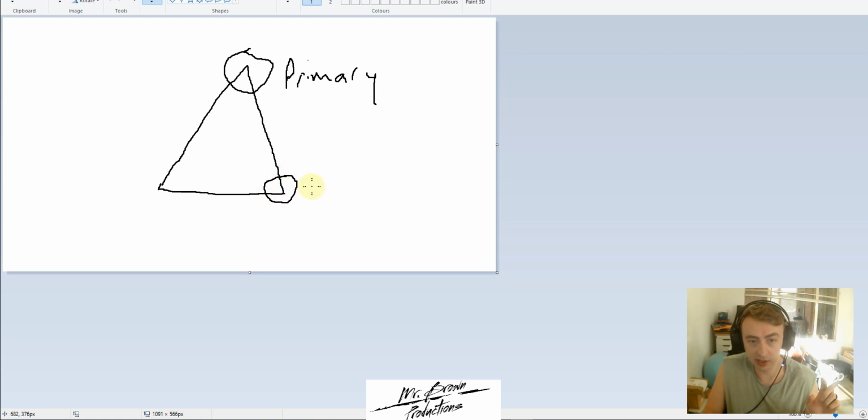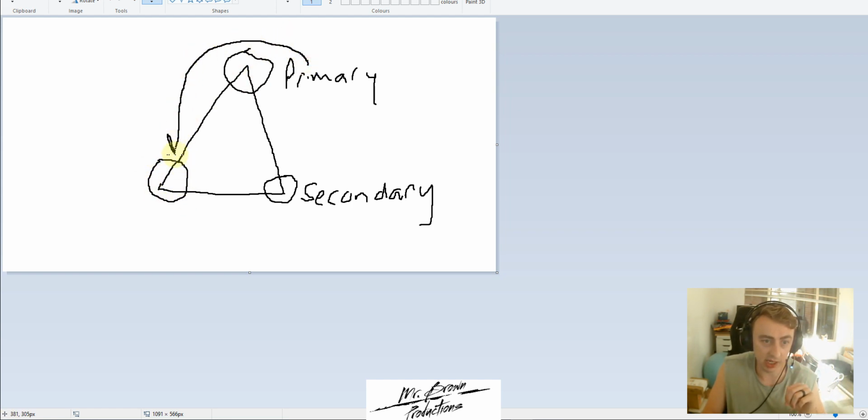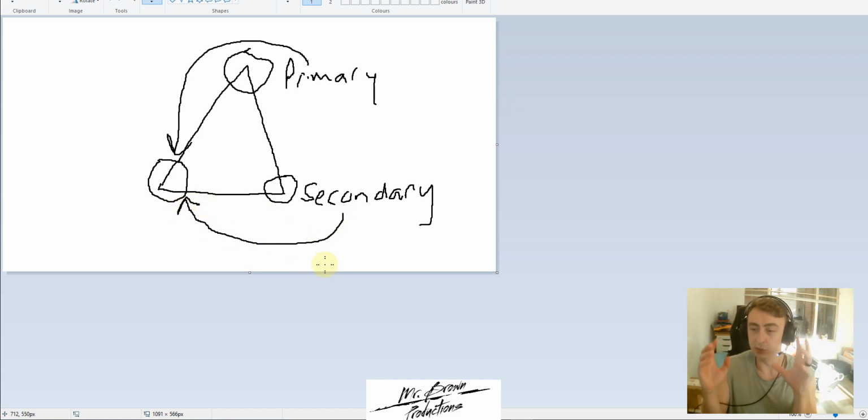So when we synthesize, we want to provide a piece of primary research, we then want to provide a piece of secondary research, and then we want to provide a third point, which is either another primary or another secondary research. So what that does is that is synthesis, okay? When you're looking at 3 or more bits of research to explore an idea, that is when you're synthesizing multiple points at the same time.